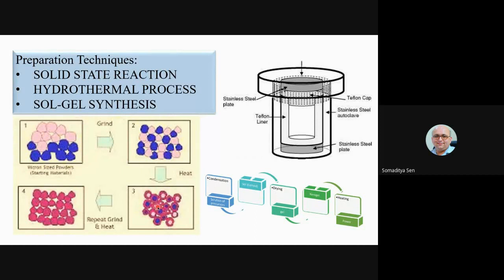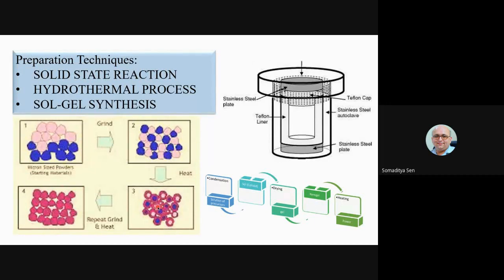This is the old way of doing it. You grind them and mix them properly, put them in contact with each other, make sure that the particles are very small, and then you put them in a furnace where it heats up, and there is diffusion of ions from one particle to the other, and you grow a modified zinc oxide.